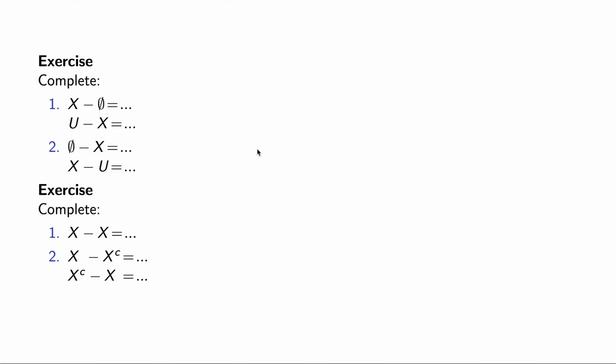What are the values of expressions involving a set, the empty set, the universe of discourse U, and also some cases with complements. Making diagrams may help in answering these questions.